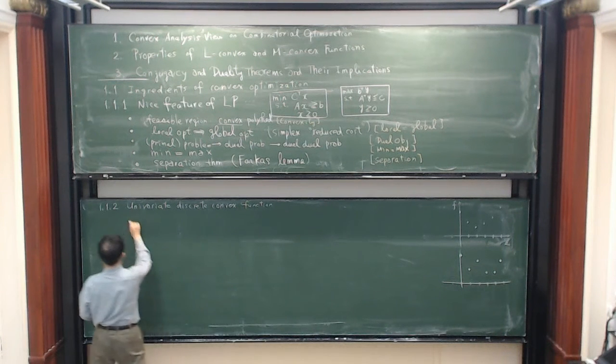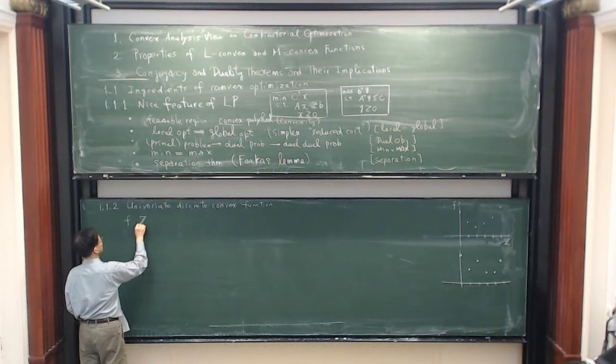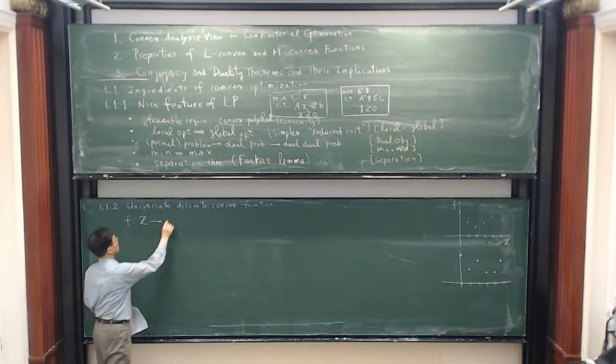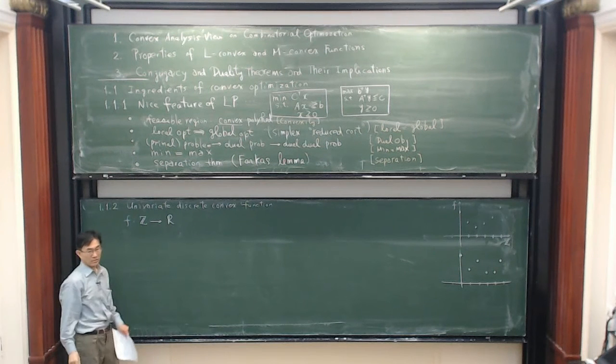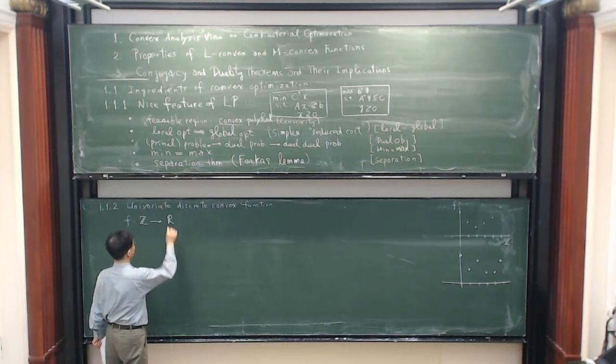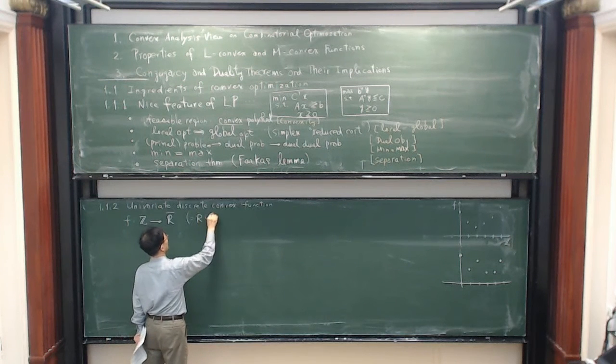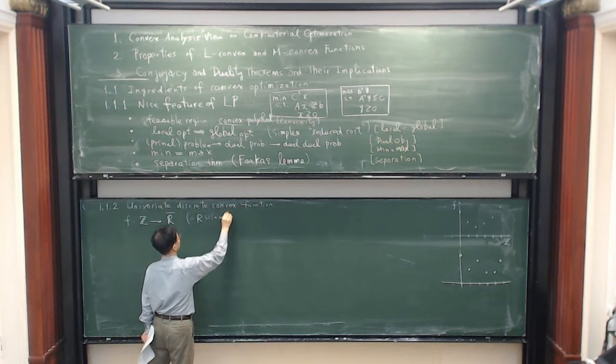So function, say, f, from Z, and now maybe the value is real. Or maybe bar. Bar means real or plus infinity.